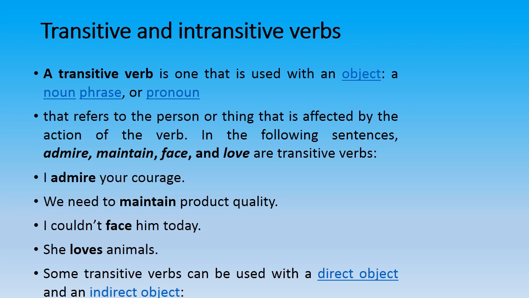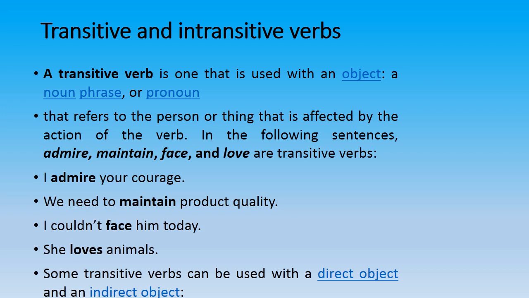The other type of verb is called transitive and intransitive verbs. A transitive verb is one that is used with an object, a noun phrase or pronoun, that refers to the person or thing that is affected by the action of the verb. In the following sentences, admire, maintain, face, and love are transitive verbs. Let's see how these verbs are used in sentences.